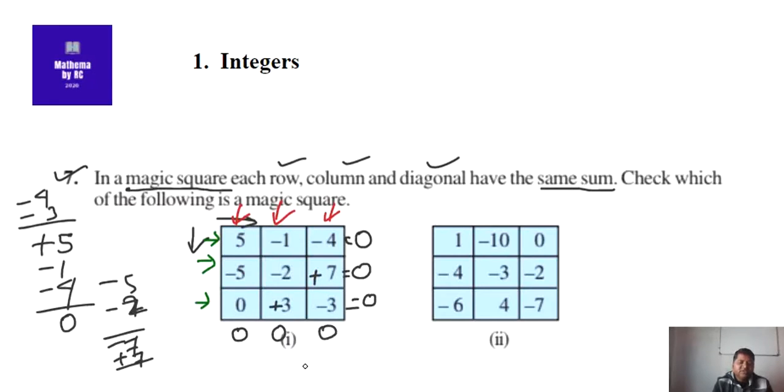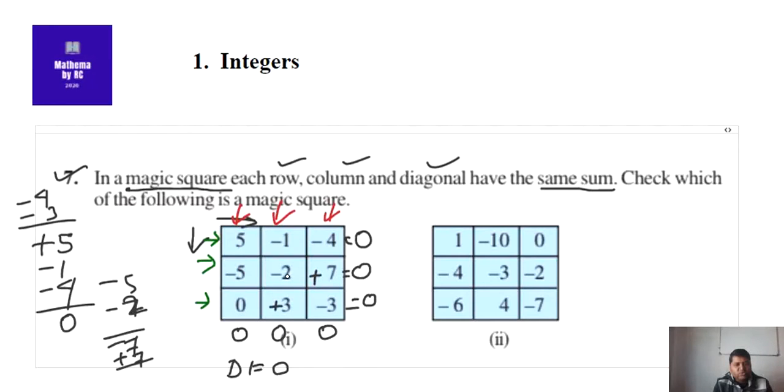Now we also count the diagonals. There are 2 diagonals. In diagonal 1, 5 minus 2 minus 3 is also 0, and in diagonal 2 it is also 0.